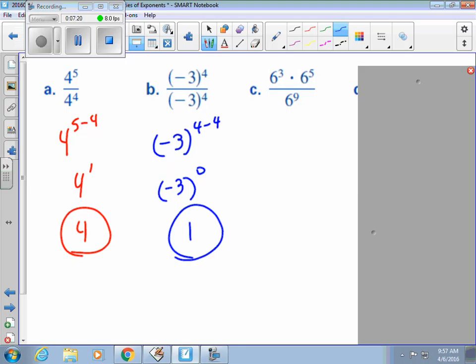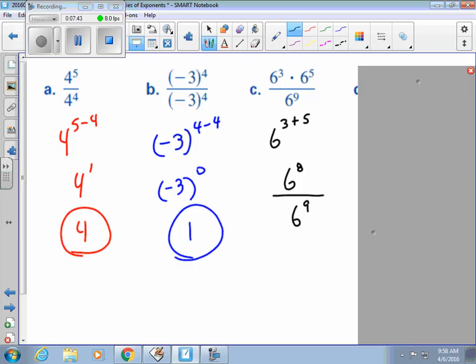That's the same base. Both of them are 6. Multiplying the same bases, that means you take 6 to the third plus 5 at the top, and you get 6 to the eighth power. It's over 6 to the ninth power. Now you have the same base, 6, and they're dividing.